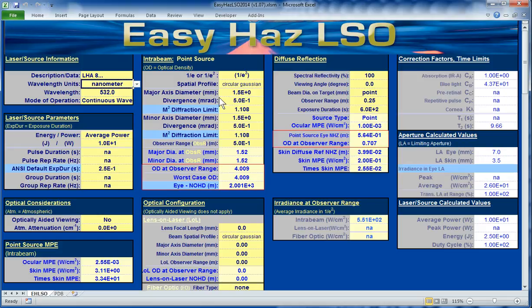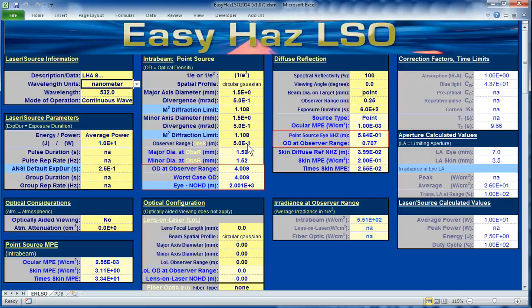The beam information we have is the beam diameter. This is a circular Gaussian beam at the 1/e² points, 1.5 millimeter diameter, 1/2 milliradian divergence. Nice laser. 1.1 is M², which we'll talk about in just a little bit. Observer range default is about 1/2 meter.